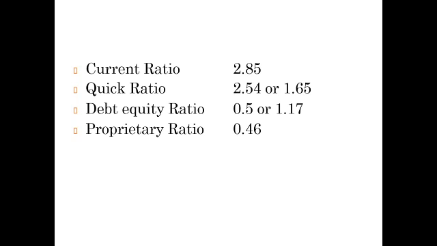So if you consider current liability and total debt, the debt equity ratio will be 1.17. And the last one is proprietary ratio. The standard proprietary ratio is similarly 1:1. So here it is 0.46.